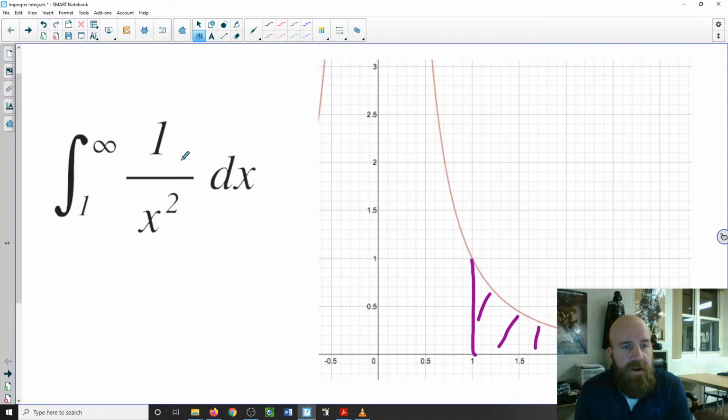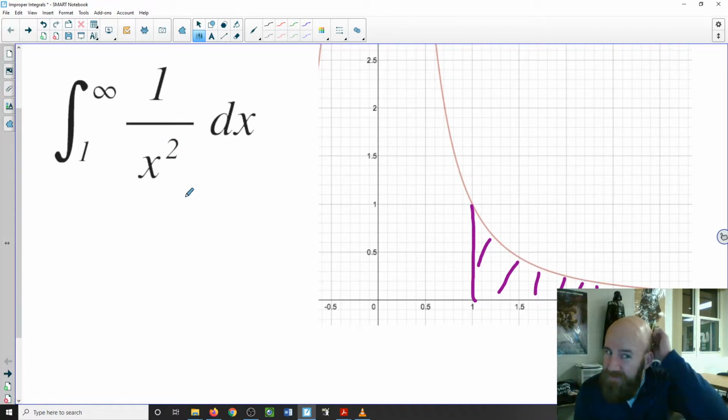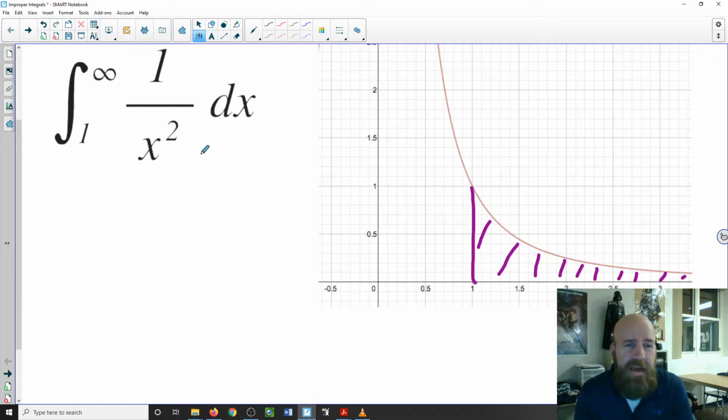The first thing we want to do is combine the idea of an integral and the idea of a limit. So we're going to rewrite our integral as the limit as b approaches infinity of the integral from 1 to b.